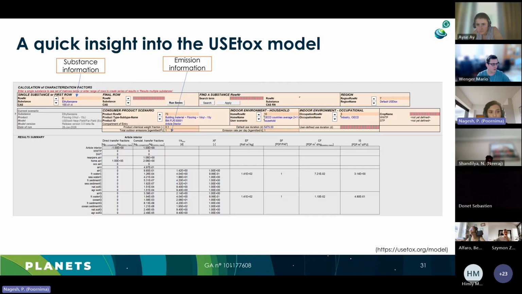They have a database with 10,000 chemicals that are listed. It's also possible that the chemical you're trying to look at is already in the database. And the most important part is also to add the emission information. This is an important input that goes into the USEtox model. And you can also classify what the product type is, or specify the consumer product scenario in a way.